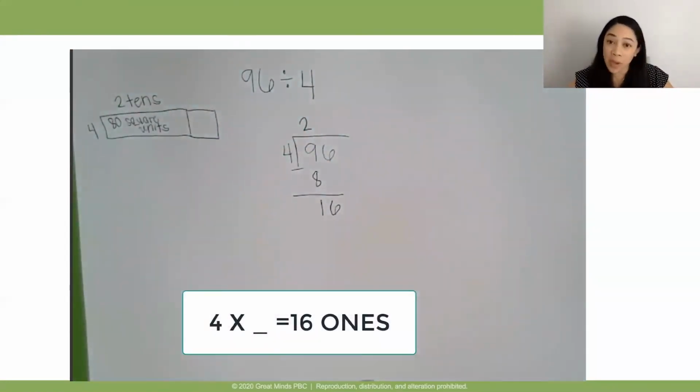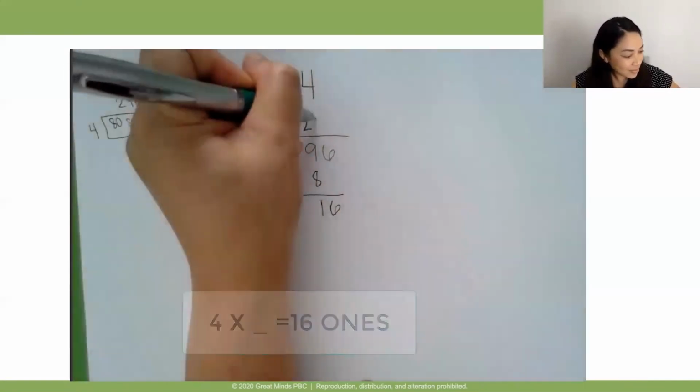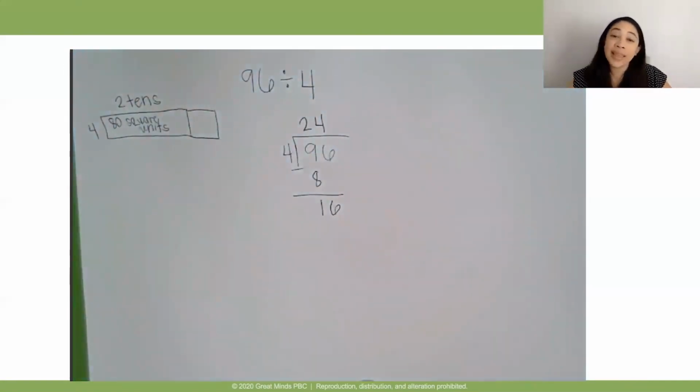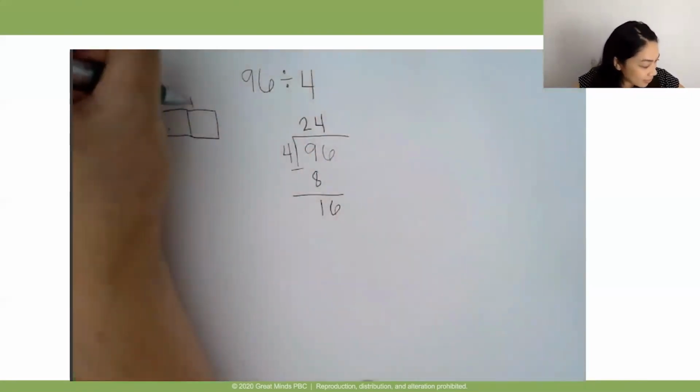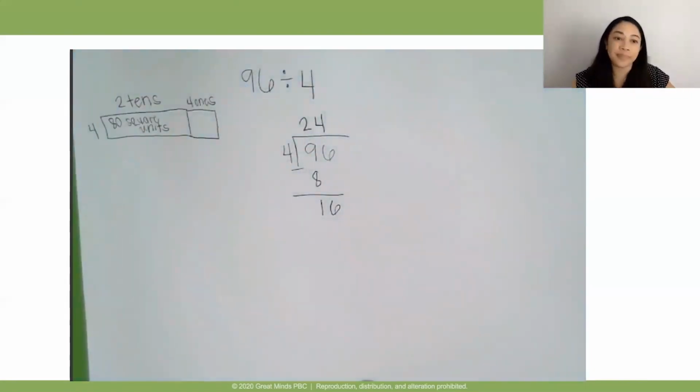Four times how many ones gets us as close as possible to an area of 16 units? 4 ones. Let's give 4 ones to the length. What is 4 times 4? 16.